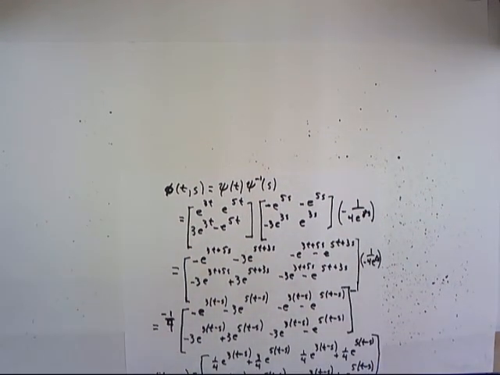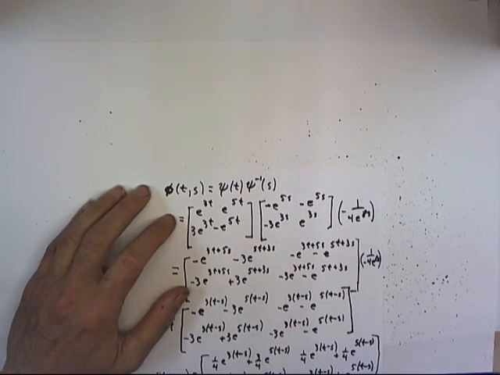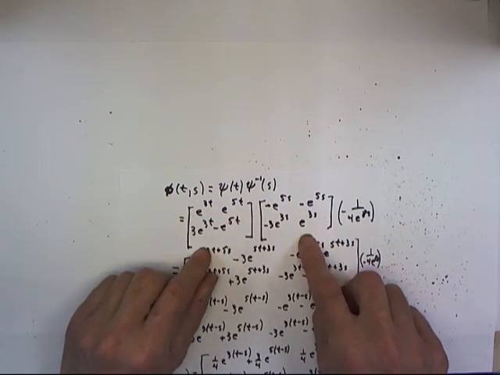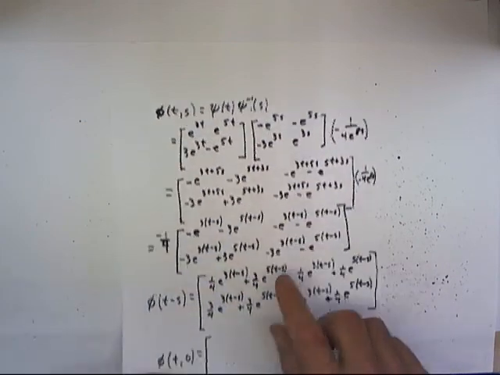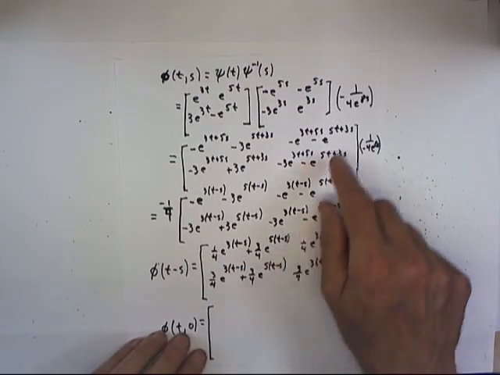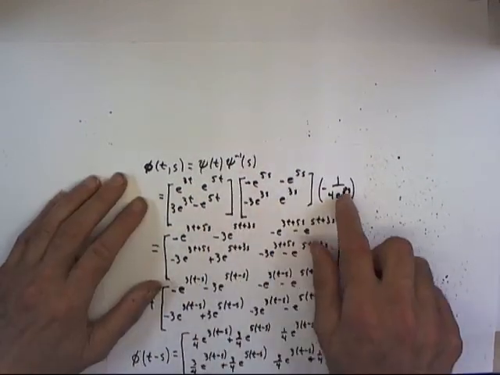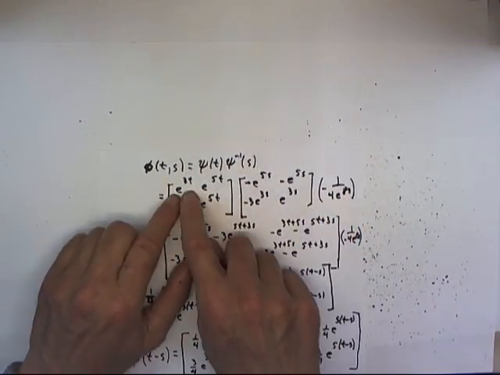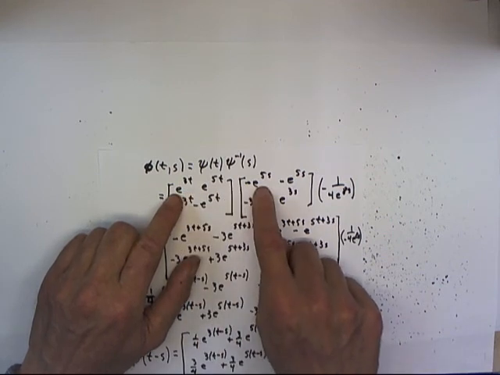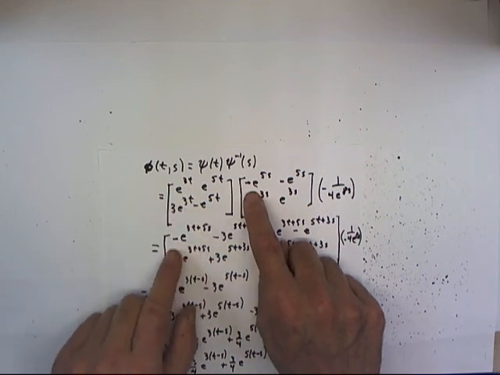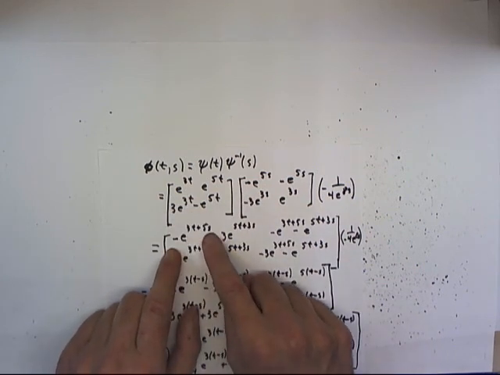In the previous incarnation of the clip, I actually wrote some of these things out on camera, but it's very easy to multiply these matrices, and you can skip down to here if you can do that matrix multiplication and the multiplication by the scalar. e to the 3t times e to the 5s is e to the 3t plus 5s, and with the negative we get negative e to the 3t plus 5s.